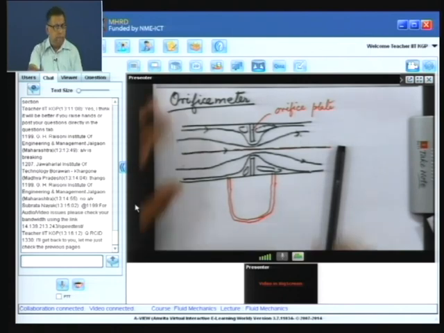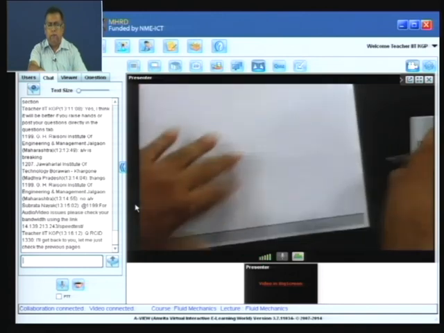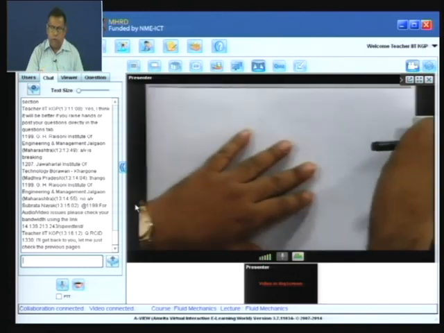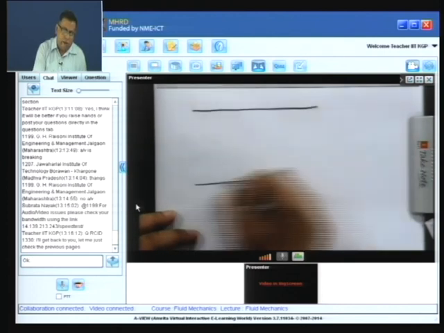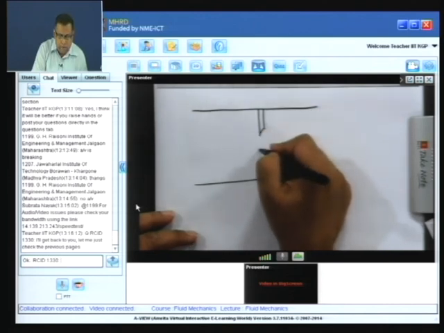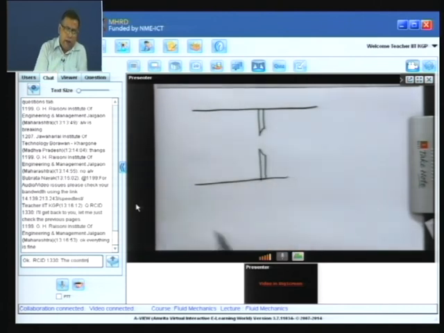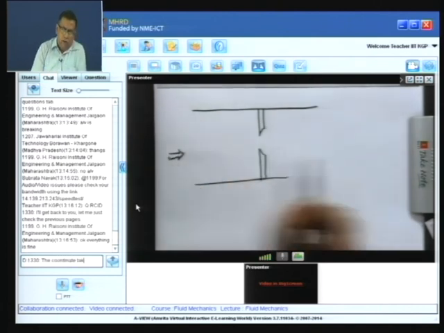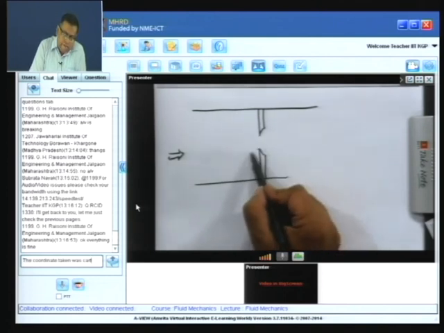Now, we will look at the flow pattern in a little more detail. So, we will consider a sharp edged orifice over here, okay, and this is the direction of the flow. So, if you look at the streamline here, you will see that it will go like this.